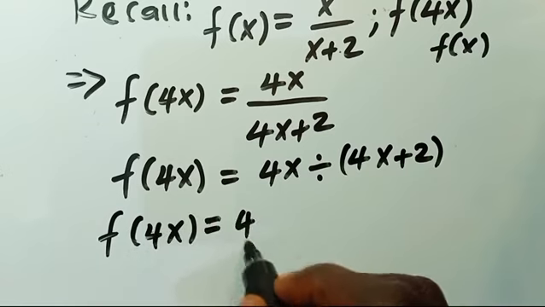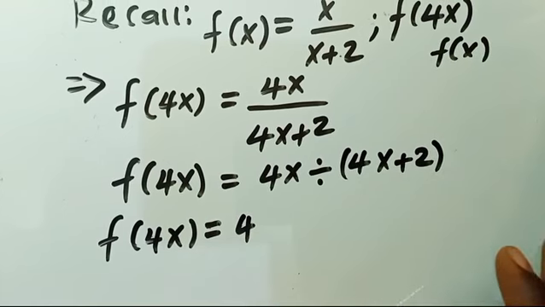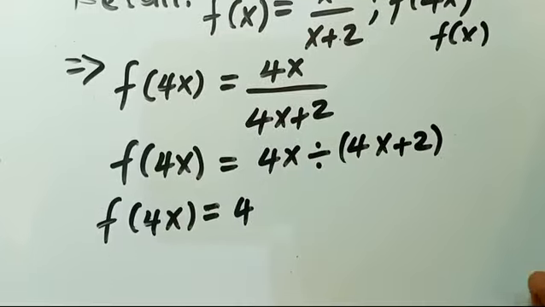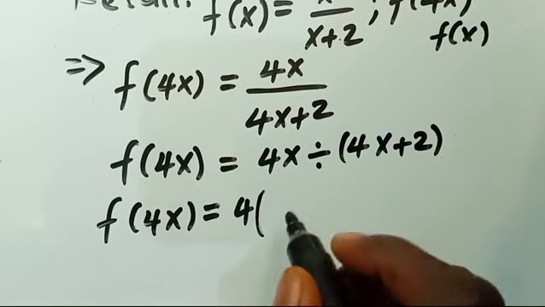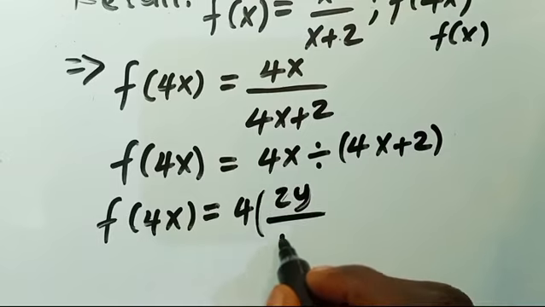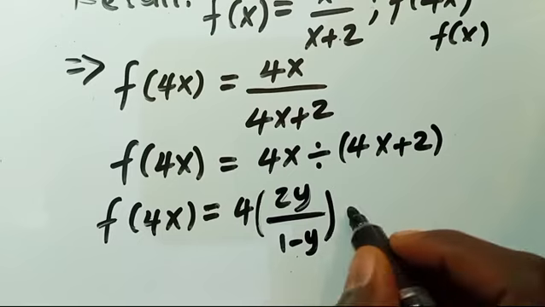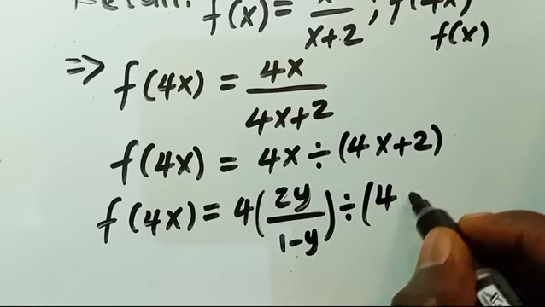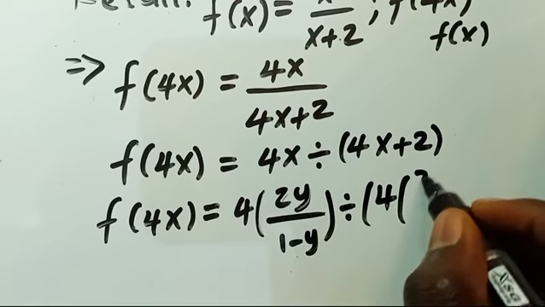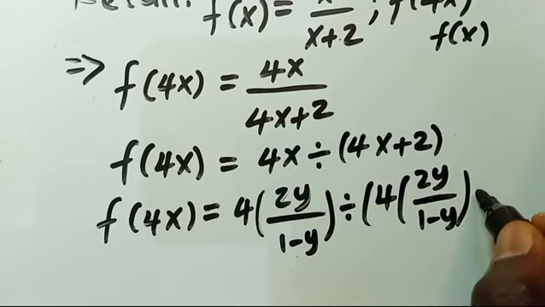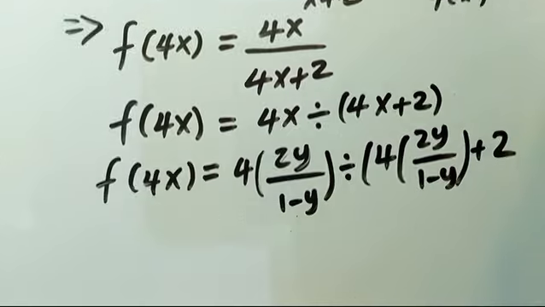Then we are going to have f of 4x. We have 4. Our x, we got the value of x in the above as this. So when we substitute, we are going to have 2y over 1 minus y. Then all divided by, from here, we have 4. Our x also is 2y over 1 minus y. Then plus 2.